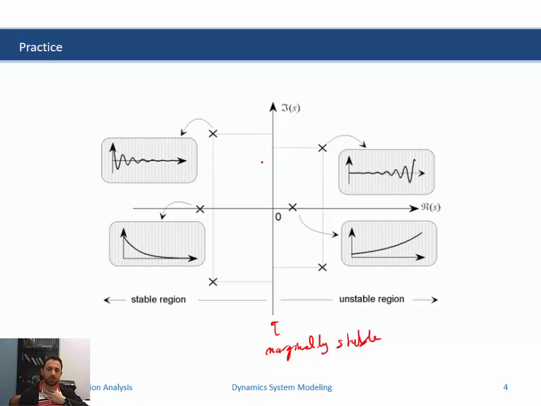Let's assume we have a pole in this location. Then the plot of this will look like this, in an ideal scenario. The oscillations will not vanish, like a sine wave or cosine wave. That's why it's called marginally stable, or a critically stable system.